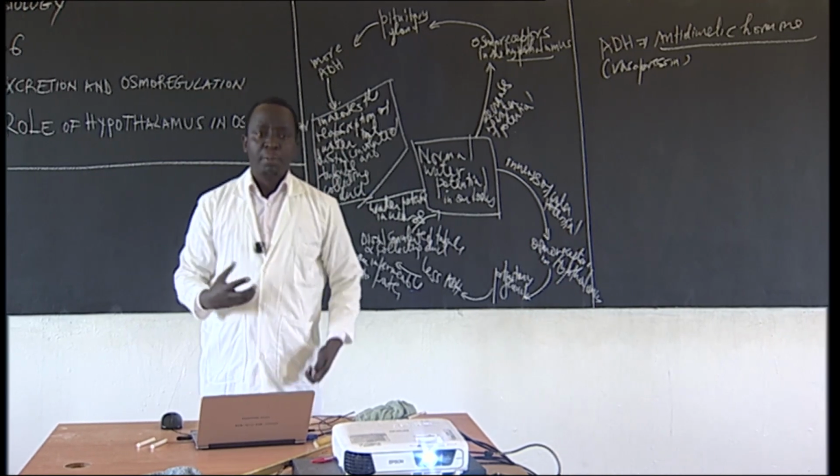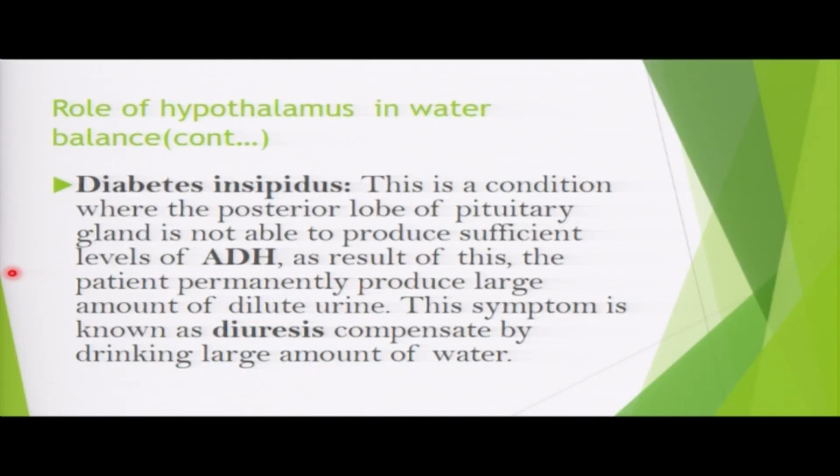Now, you have to know that there is what you call diabetes insipidus. This is a condition where the posterior lobe of the pituitary gland is not able to produce a sufficient level of ADH.